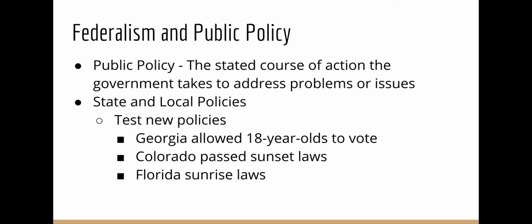Colorado was the first state to pass sunset laws, which basically was a way for laws to expire after a given time. And Florida was the first state to pass sunrise laws.